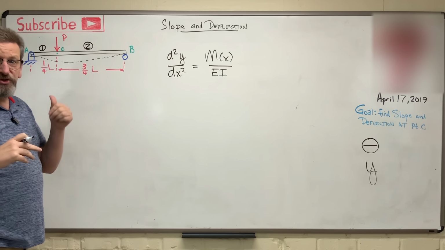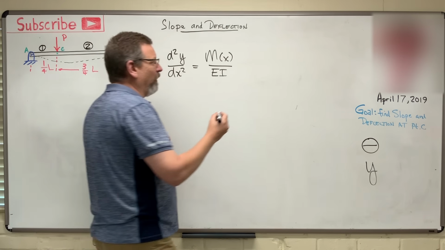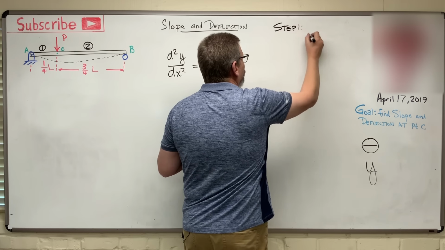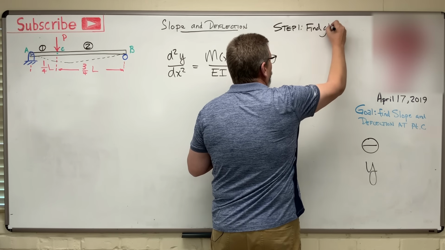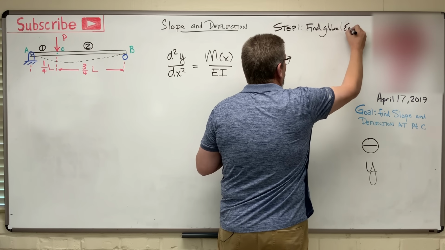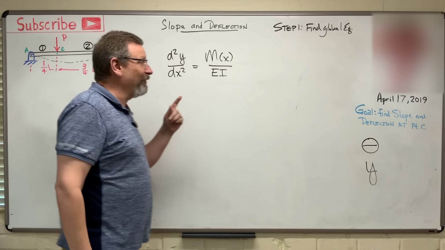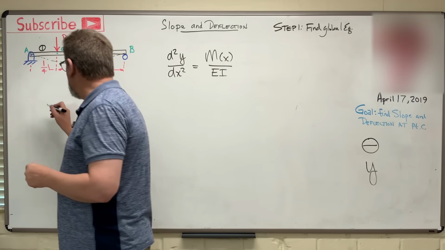So let's see if we can remember how to write those equations. Step 1 is, just like always, find global equilibrium. We're so good at that. All right, what do you think we do? Let's take the moment at A.